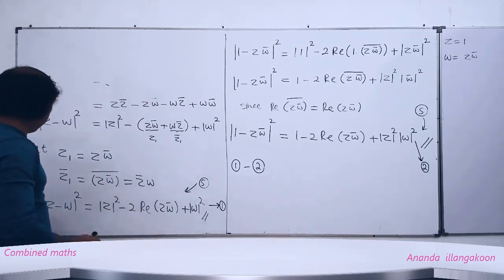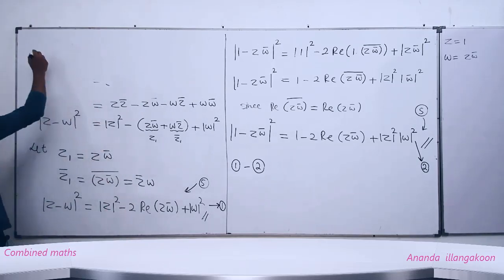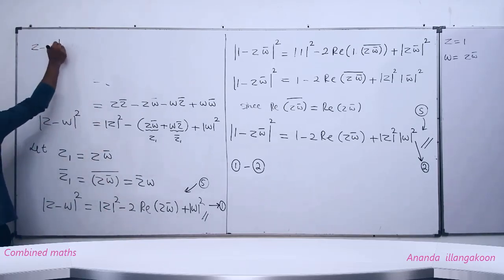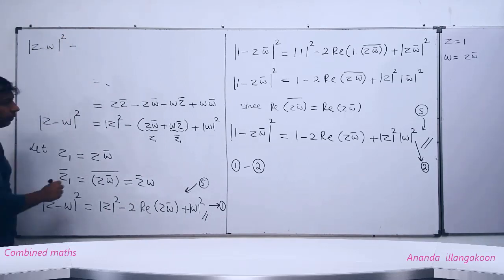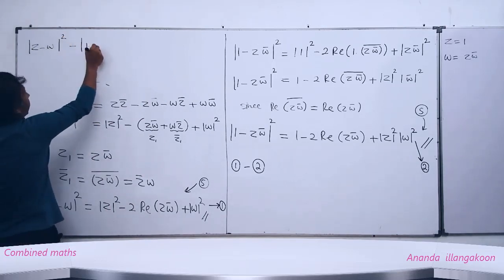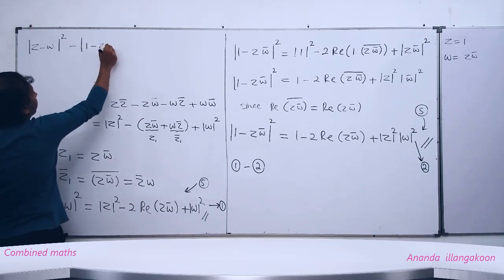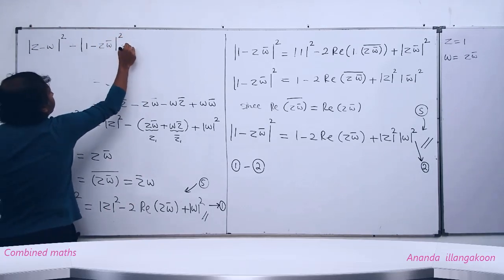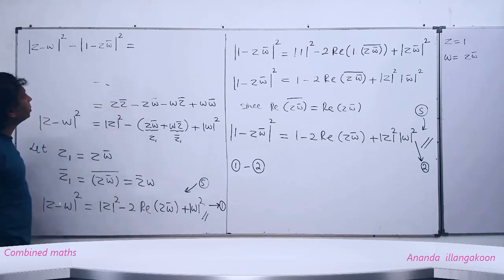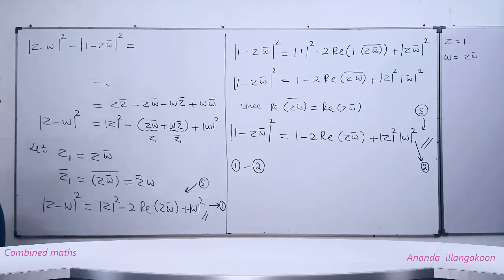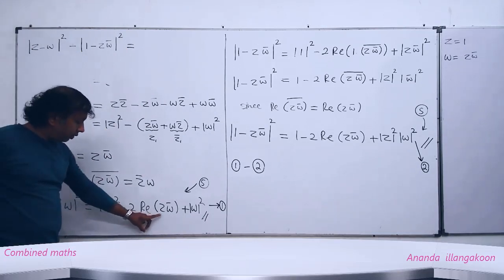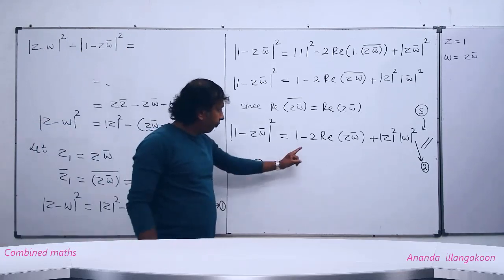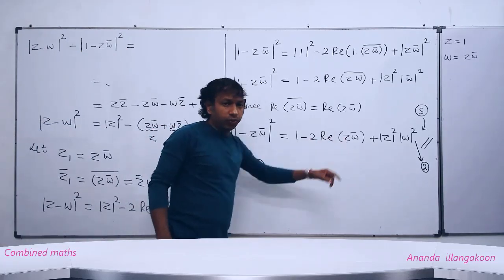Right. When you take 1 minus 2 to the left hand side, what you get is modulus of Z minus W squared minus modulus of 1 minus Z W bar squared. Then, what do you get here? This minus 2 here is a W bar. Minus 2 here is a W bar. That 2 we can cancel out. Right.